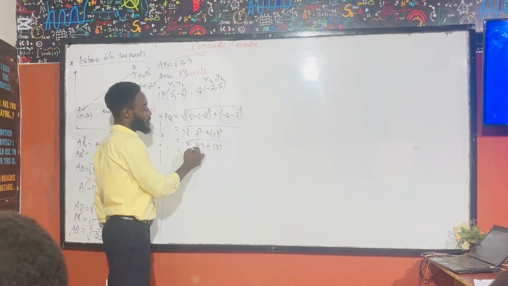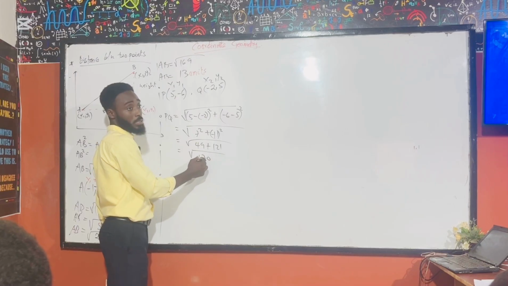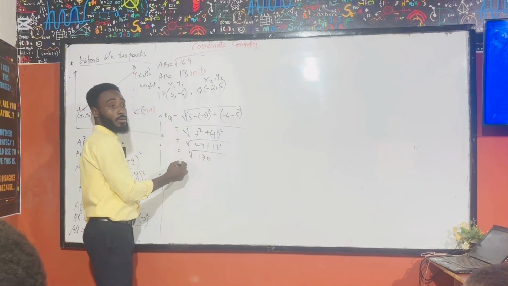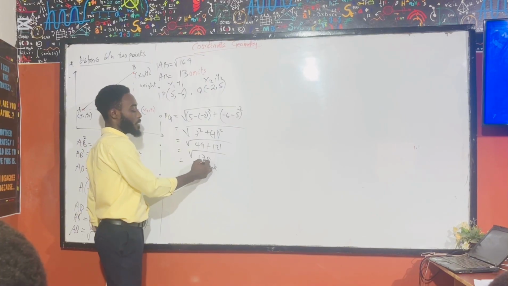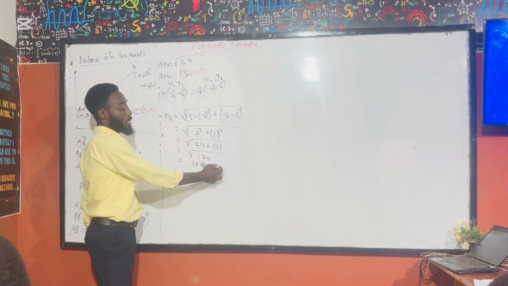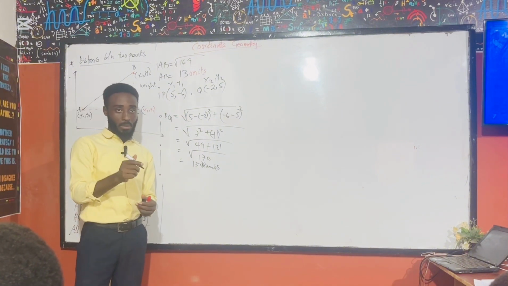So you get the root of 170, which is 13.038 units. And I'm sure if I had done it the other way, I would have gotten the same value. You're okay with that? All right.